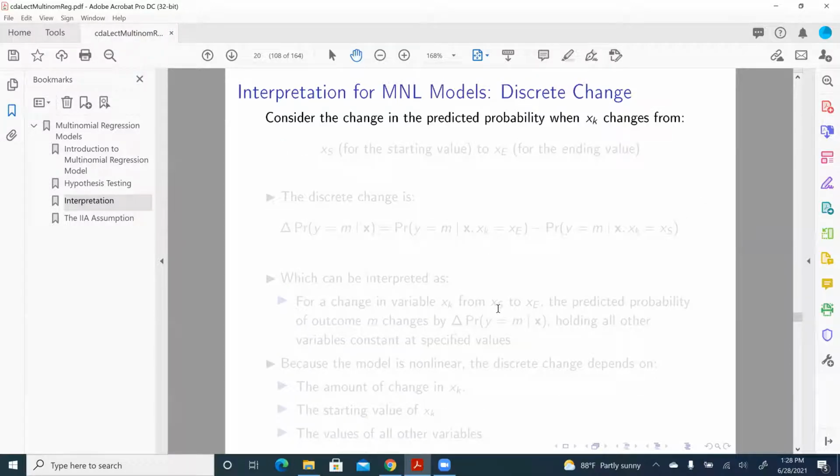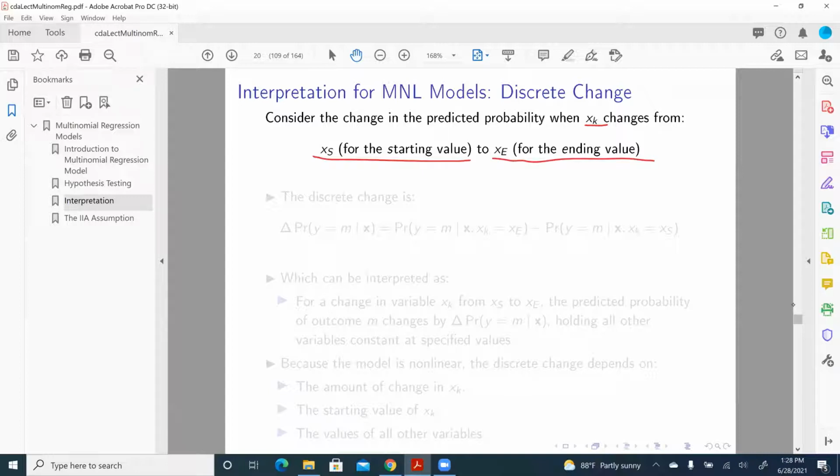Next, let me talk about discrete change. Consider the change in the predicted probability when xk, again a generic covariate, changes from x_s, the starting point for this covariate xk, to the ending value of x.